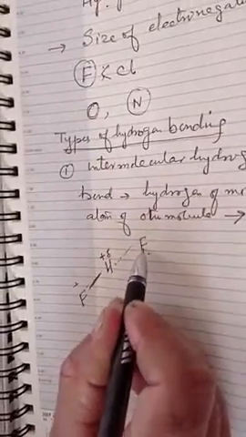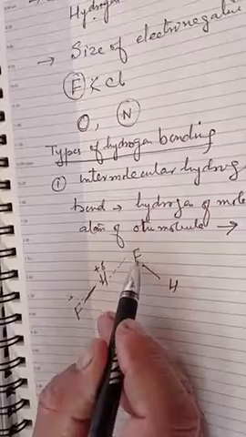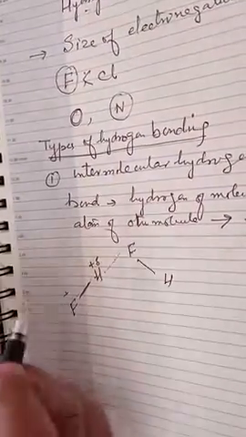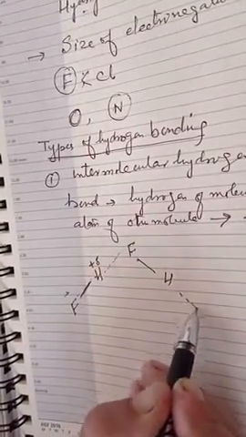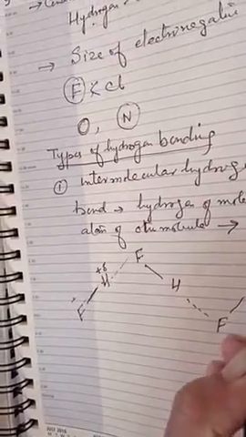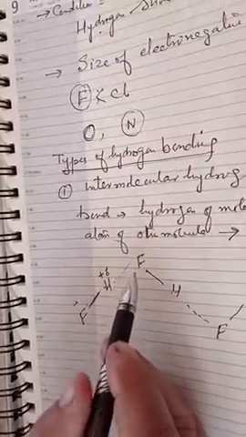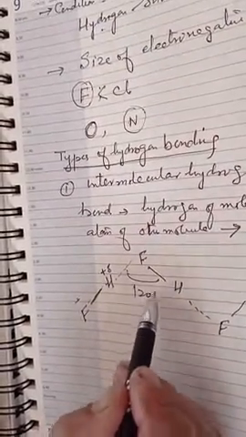The hydrogen of one molecule and the electronegative atom, fluorine, of another molecule have a hydrogen bond between them. So in hydrogen fluoride there is intermolecular hydrogen bonding.